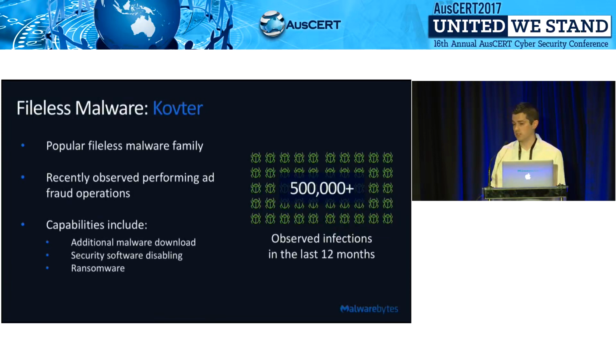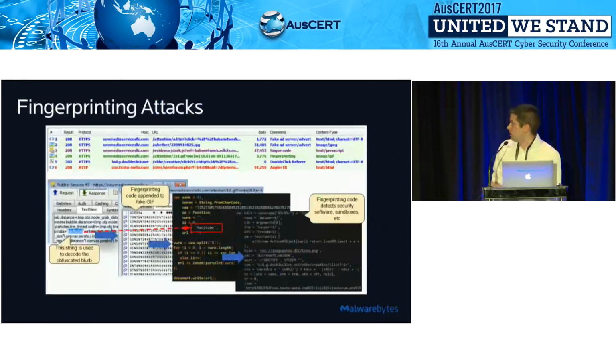And if a malicious attacker has the ability to control your web browser, they'd also have the ability to deliver additional malware. So in the past 12 months, we've actually seen instances where Copter was being utilized to disable security software, and also more specifically to deliver ransomware. So we've also seen that malicious attackers are being more intelligent about how they're targeting hosts, right?